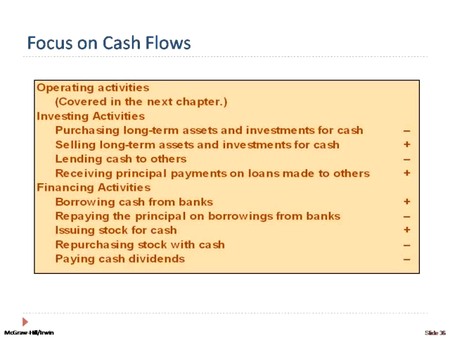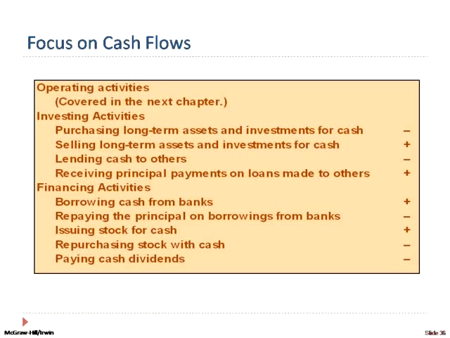When we purchase a long-term productive asset, it's a cash outflow. When we sell a productive asset, it's a cash inflow. When we loan funds to others, it's a cash outflow. When we receive principal payments on those loans, it's a cash inflow.